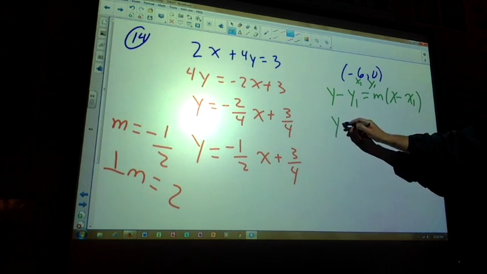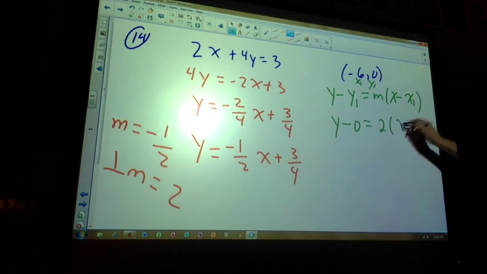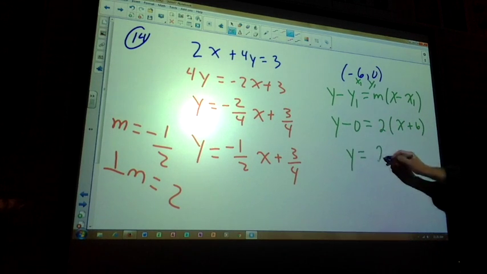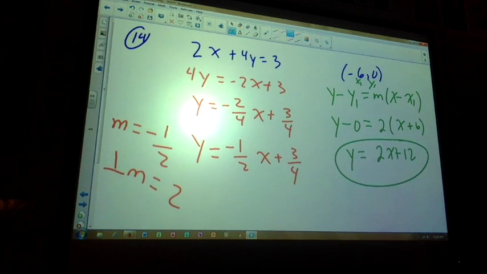So I have y minus 0 equals 2 times x plus 6. So y minus 0, that's gone. Distribute over the parentheses. There we go.